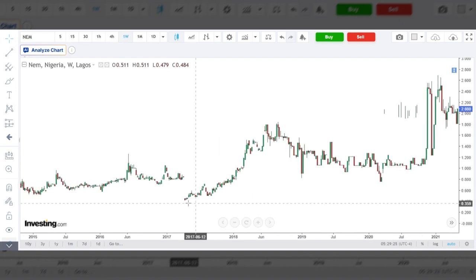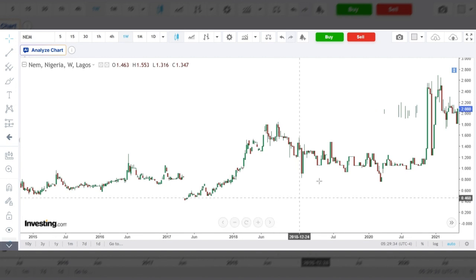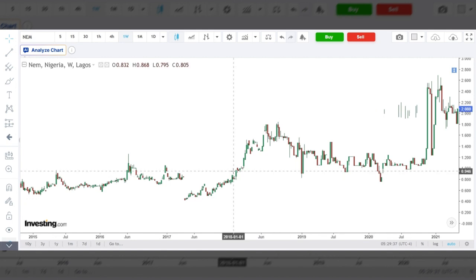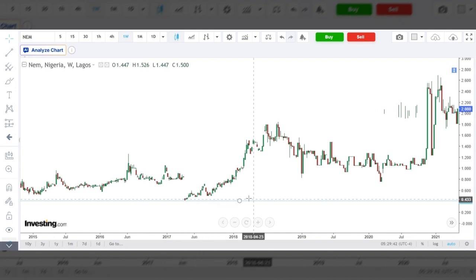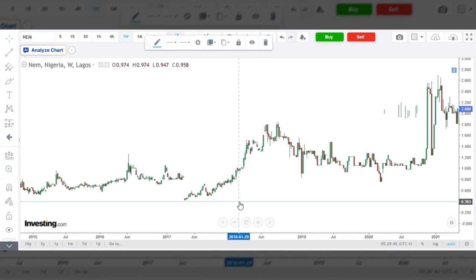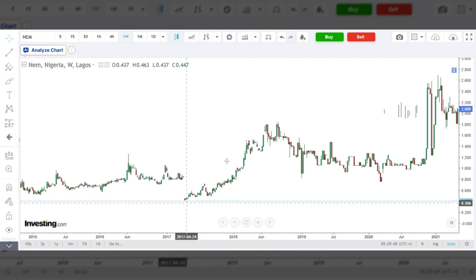That is why we look for an uptrend, because in the stock market you mainly buy and you don't sell all the time. So we're going to start from here. Let me put my line here. You can see this blue line that I put here. This is where we're going to start. So I'm going to start from this trend here.